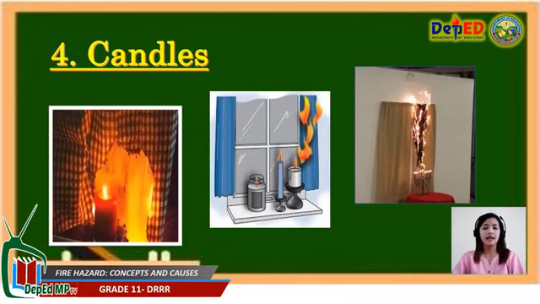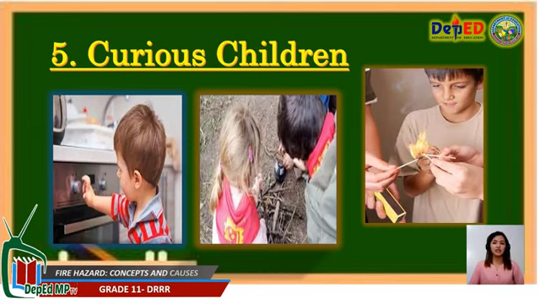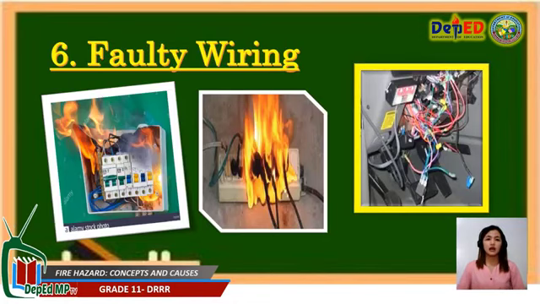4. Candles are not actually a hazard, but when left unattended, it can easily burst into flames and cause fire. Number 5. Curious children. Kids can sometimes cause fire out of curiosity, so they wanted to see what would happen if they set fire to an object. Number 6.